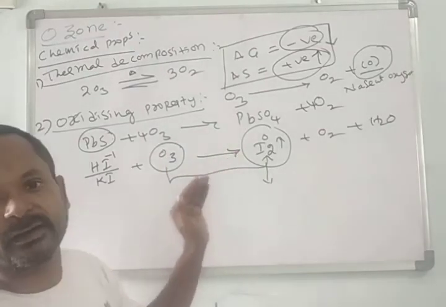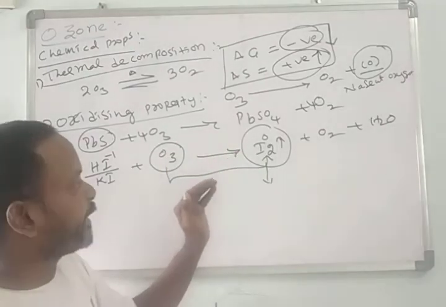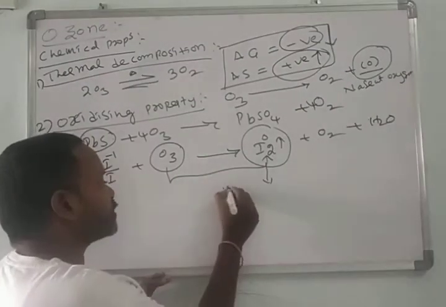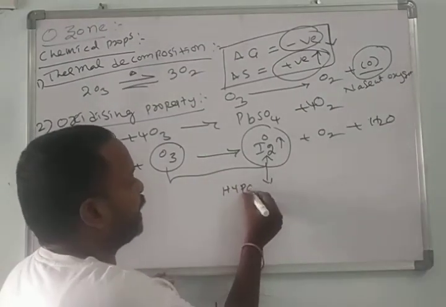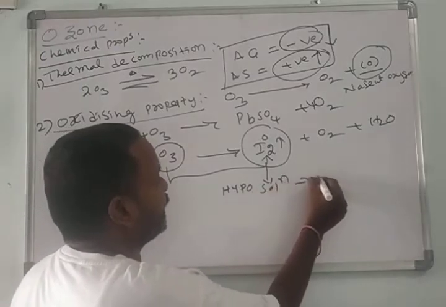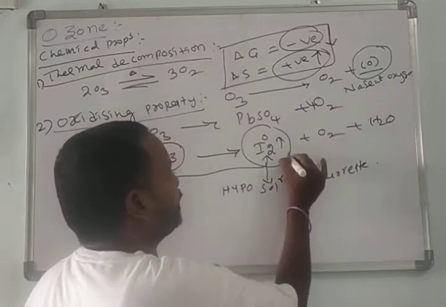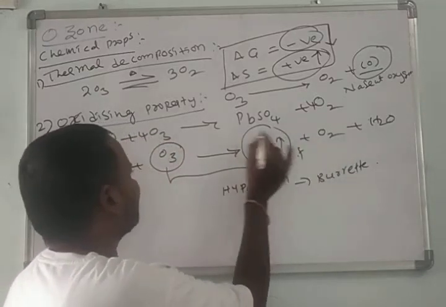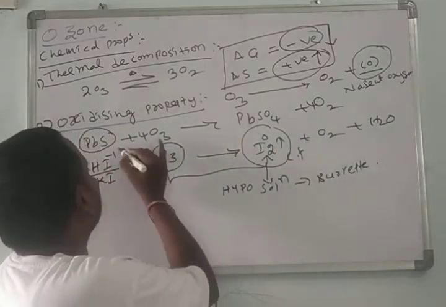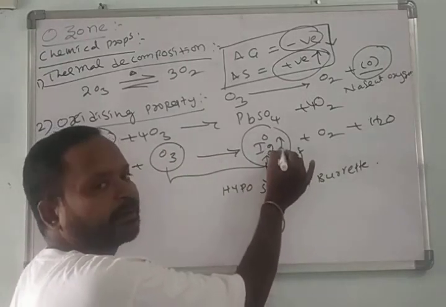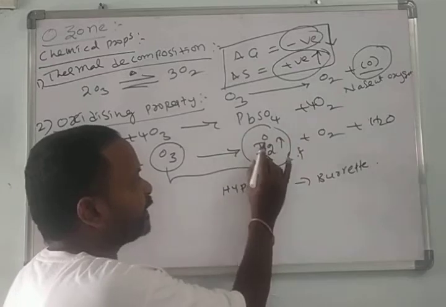Take this iodine in a conical flask, and titrate with the hypo solution which is taken in a burette. Here potassium iodide and ozone are taken in the conical flask, and we get iodine.